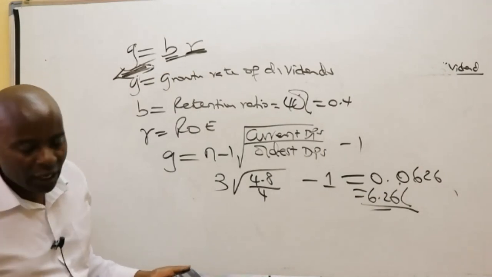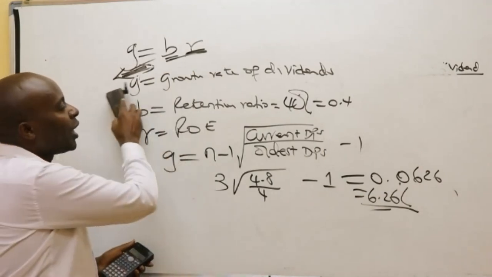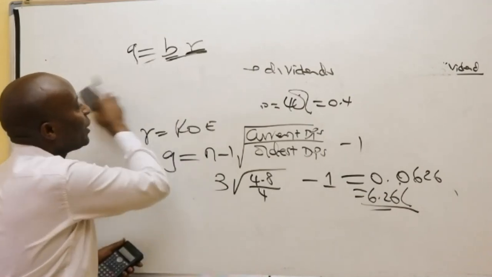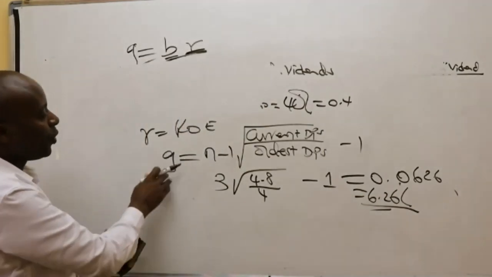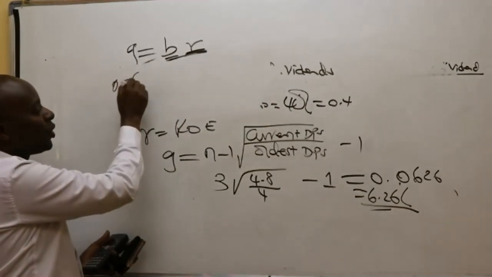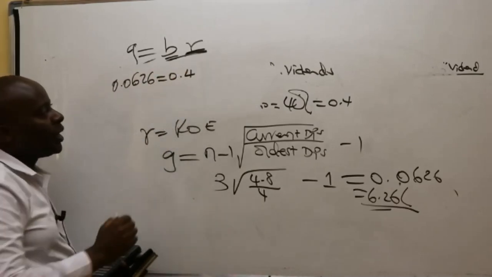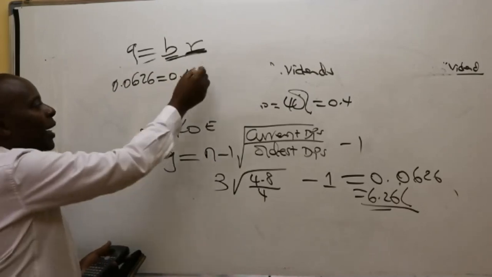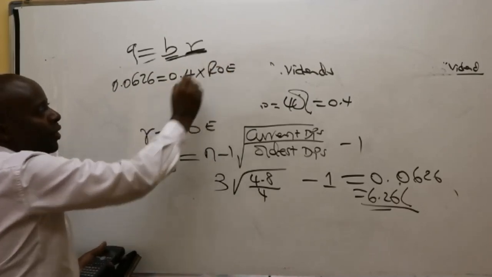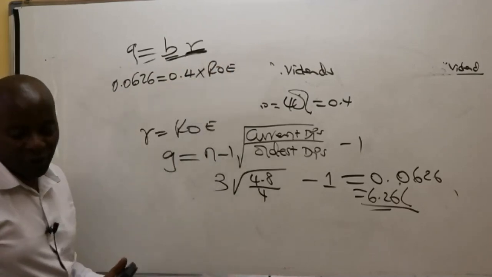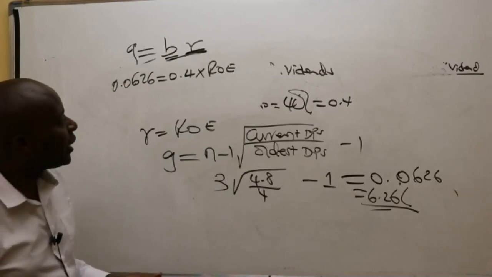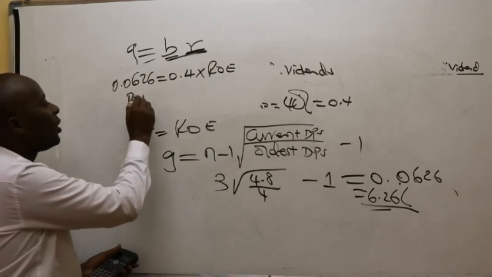Now, ladies and gentlemen, having gotten those two parameters, I need to come back here first and plug in the figures. So we have the G, which is 0.0626, equals b, which is 0.4, multiplied by r, which is my return on equity. So make return on equity the subject.